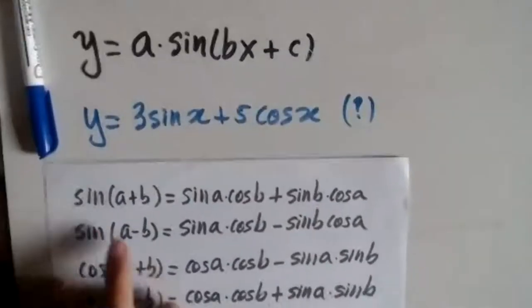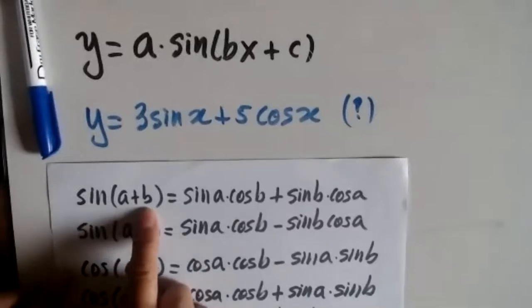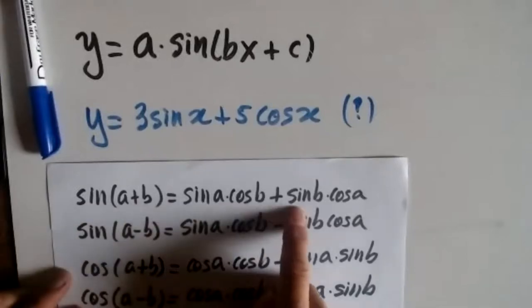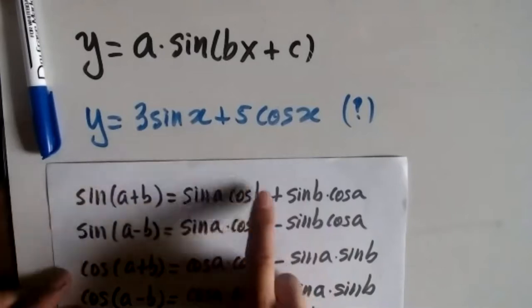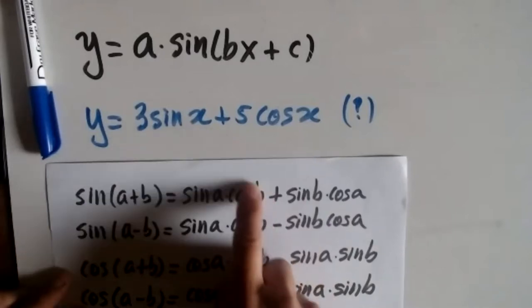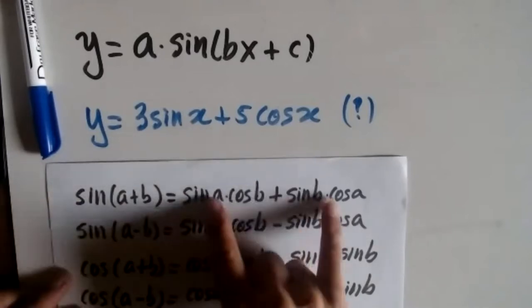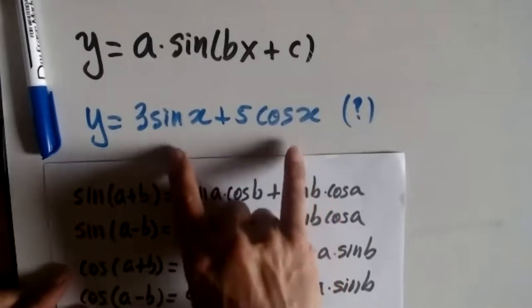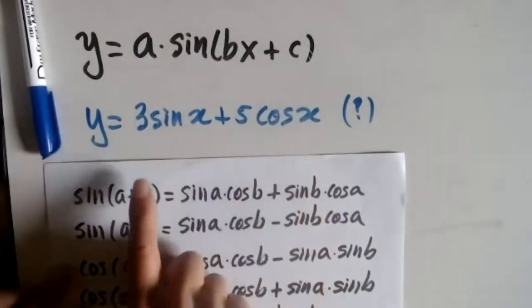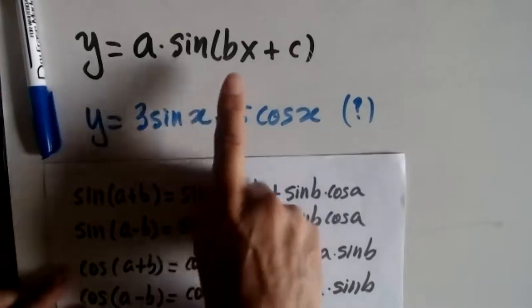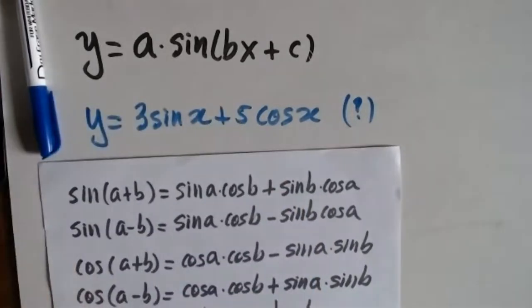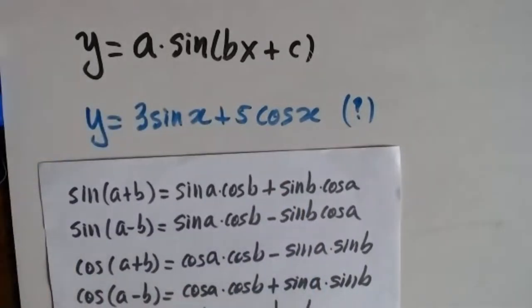If you see, sine of A plus B is sine A cosine B plus sine B cosine A. So it looks like this one, you see? So what I'm going to do is try to match one expression like this with this one, and then use this one to find this one, okay? So let me put in red my identity.